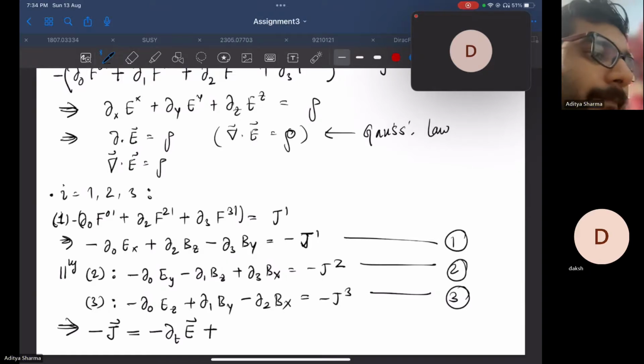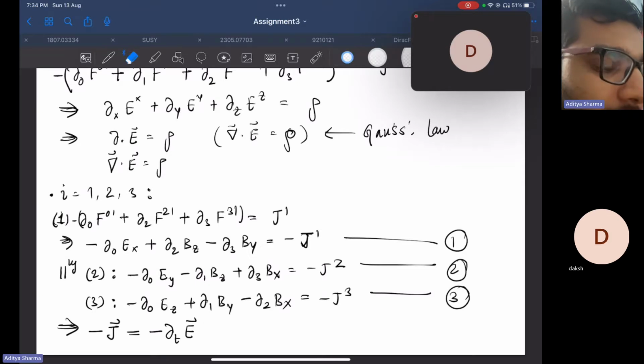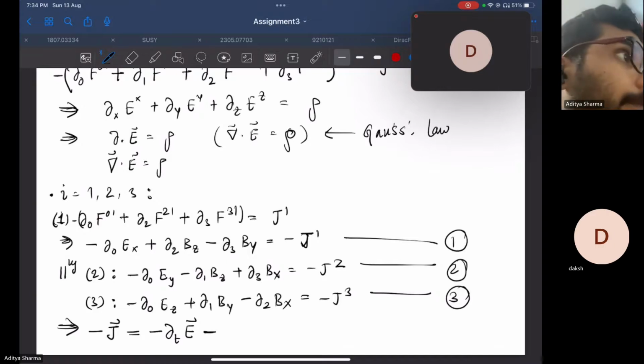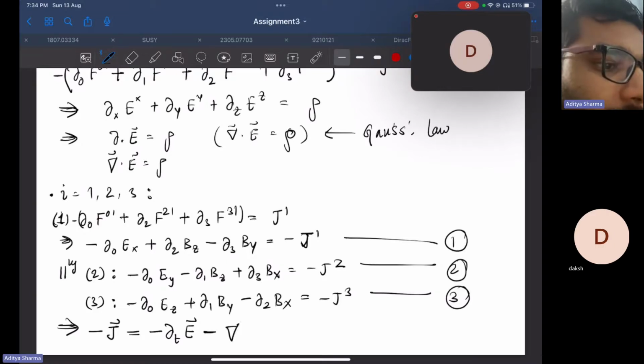plus this is curl of B. Okay, you probably find minus curl of B, I guess.